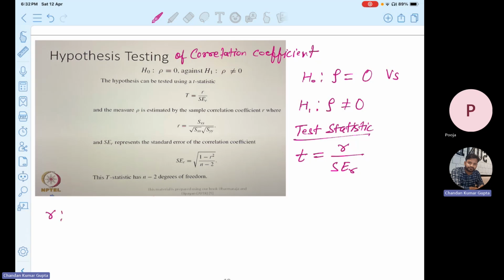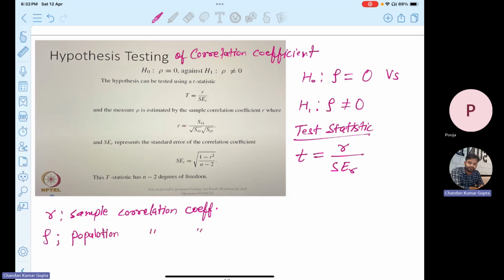Since the population parameter rho is not known, we test it with the help of the sample correlation R. So T equals R divided by the standard error of R, and this follows a T distribution with n minus 2 degrees of freedom.